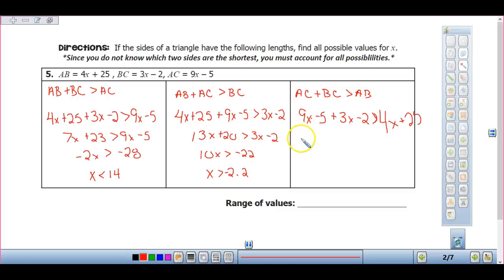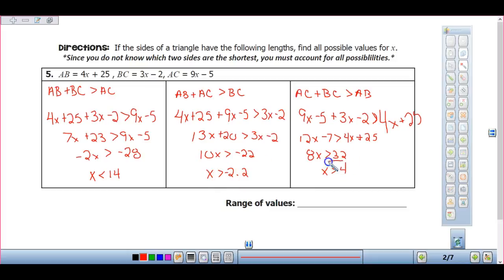Okay, we go through solving this. We've got 12x minus 7 is greater than 4x plus 25. So we end up with 8x is greater than 32, and x is going to be greater than 4.